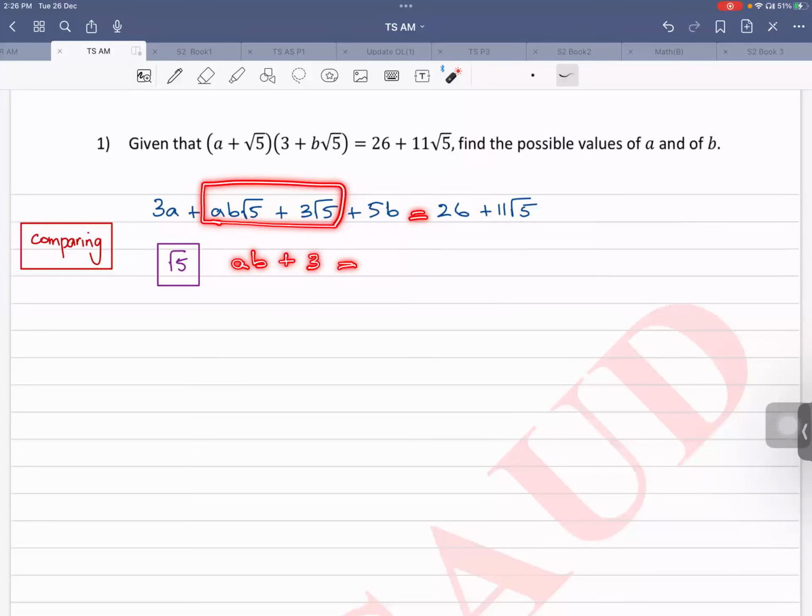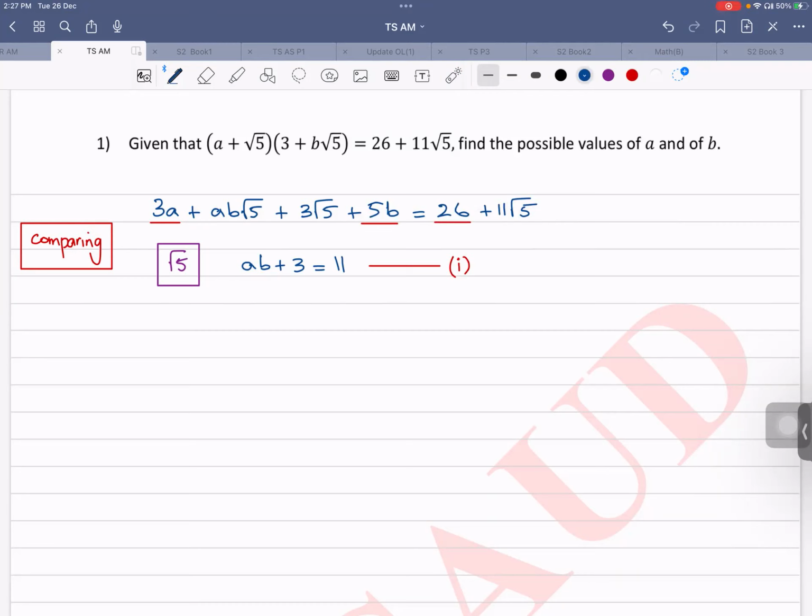And if we compare the remaining constants with the remaining constants, what should be the equation? 3a plus 5b is equal to 26.